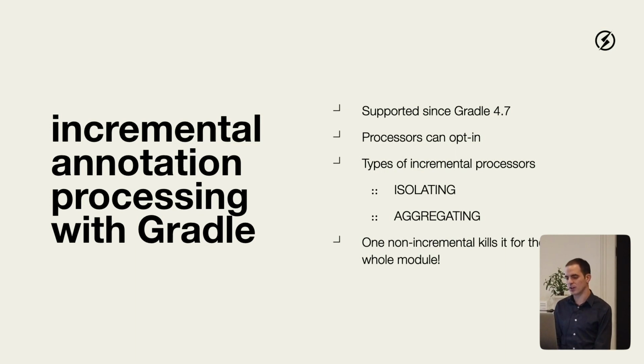And unfortunately, if you have only one non-incremental processor in your class path, then the whole incremental compilation will be turned off for your module. So you cannot do anything about it, one processor will kill incremental annotation processing.